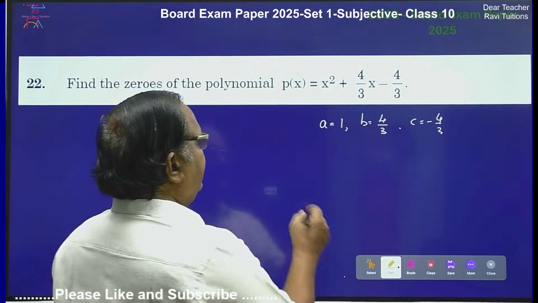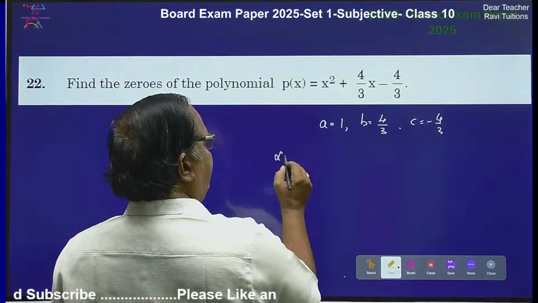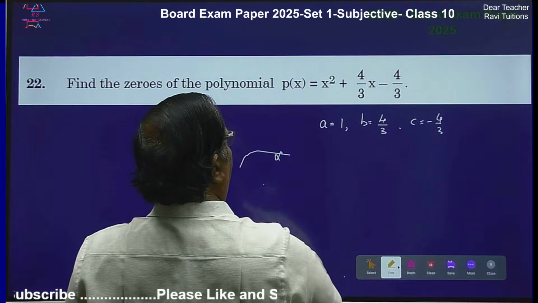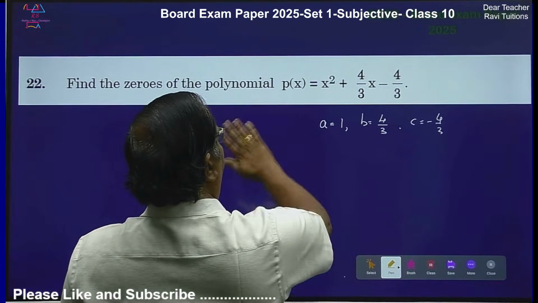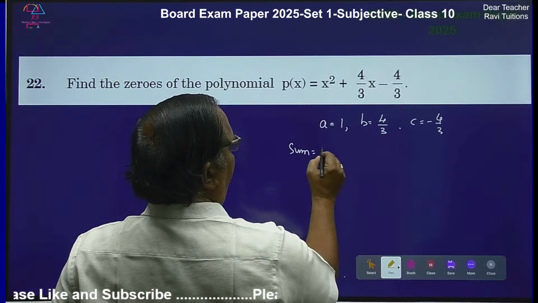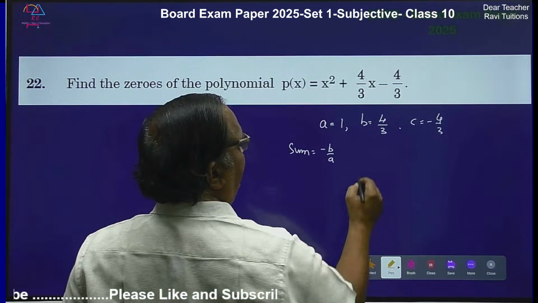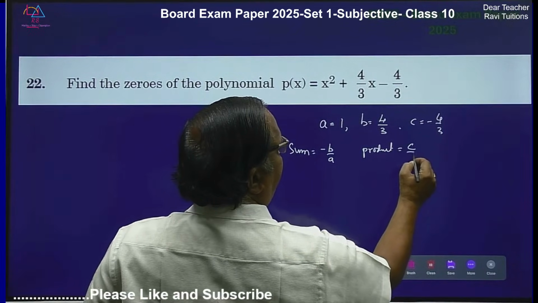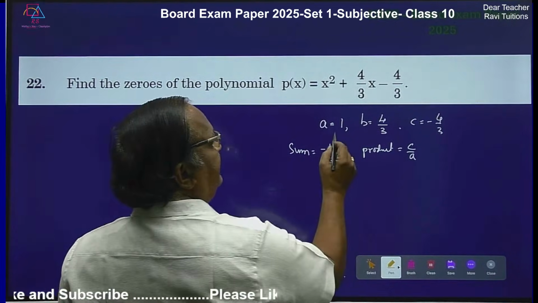Alpha, beta are the zeros. Sum is equal to minus b by a, and product is equal to c by a.